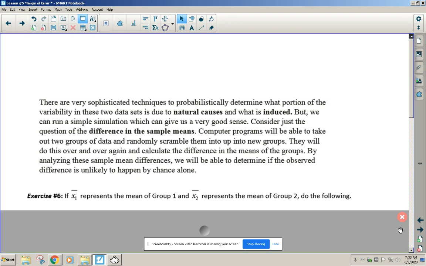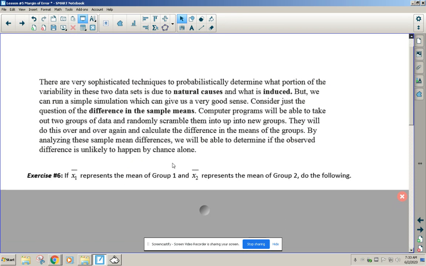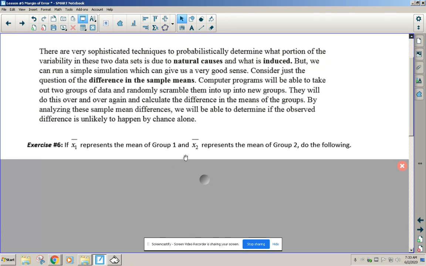This is where we start to get our margin of error when we consider the differences in the sample means. Computer programs will be able to take our two groups of data and randomly scramble them into new groups. They will do this over and over again and calculate the difference in the groups by analyzing the sample mean differences. We're not going to do that.